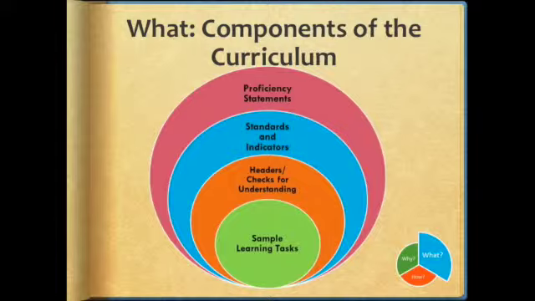The standards and indicators are also used to develop what we call the headers and the checks for student understanding. These headers and checks for student understanding are used to create what we call sample learning tasks. Sample learning tasks are suggestions of how the teachers go about instructing on the standard.